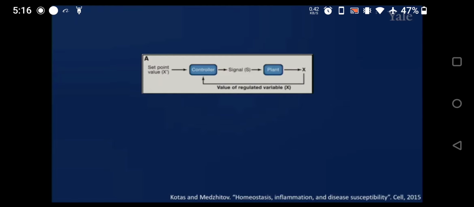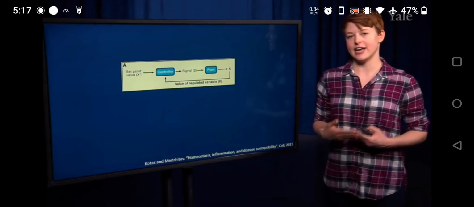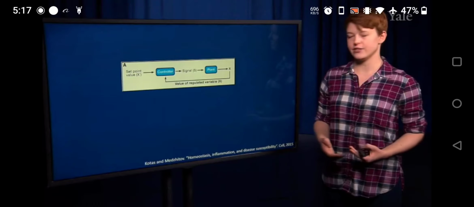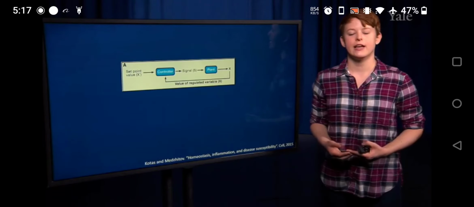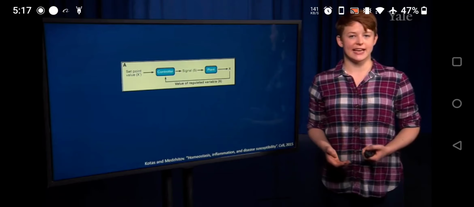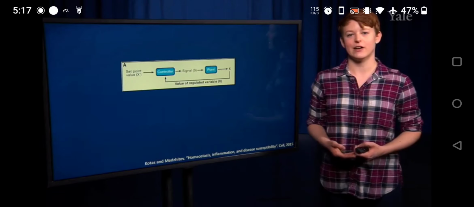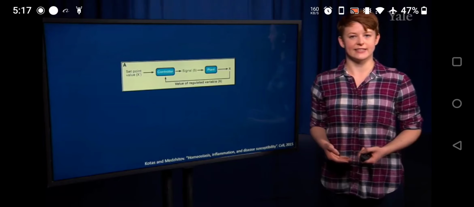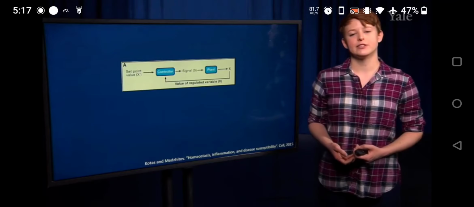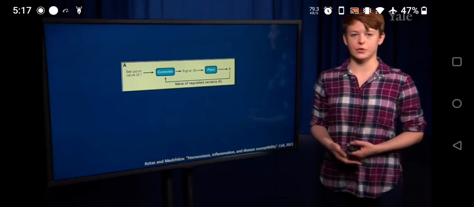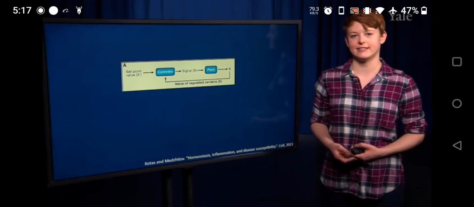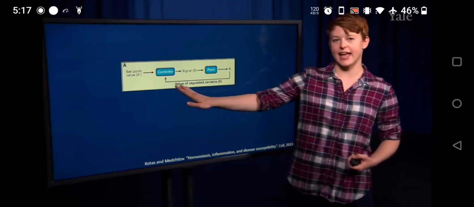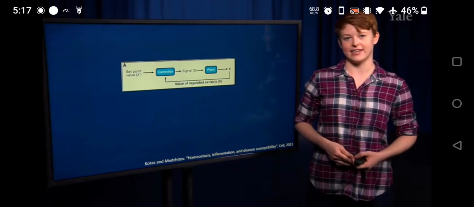Then this is sensed by a cell or a controller that provides a signal to the plant or to the other cell type that's able to alter that variable. So in this case, this might send signals to the liver to release glucose, or to the pancreas to increase the release of insulin. So this then feeds back and changes the value of that regulated variable.